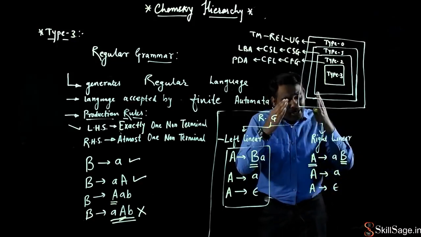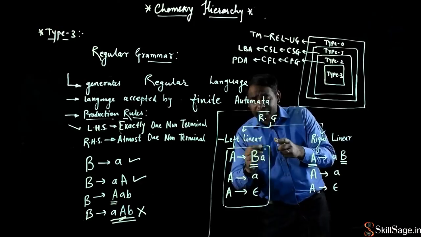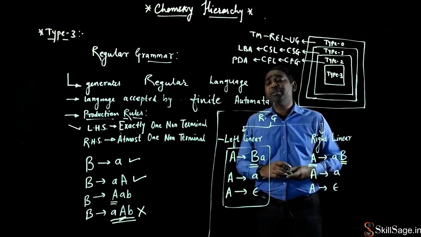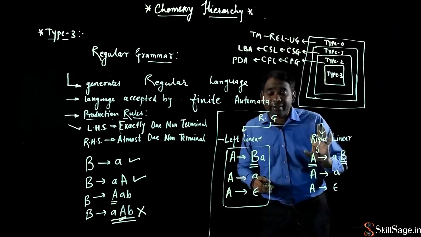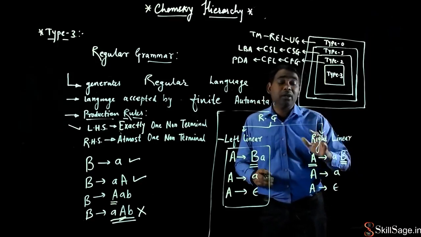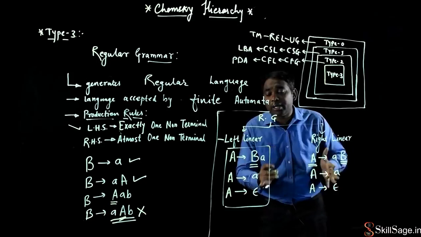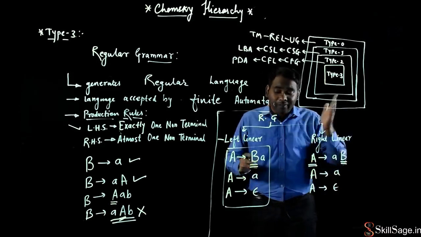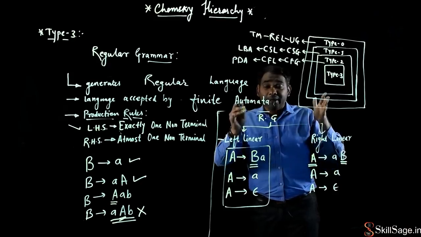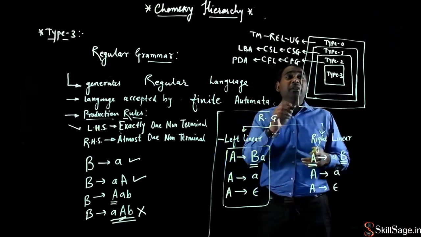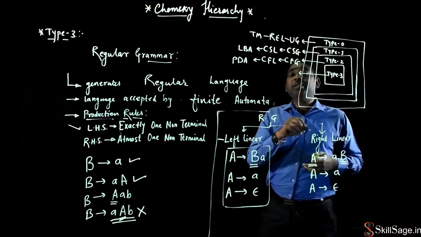After that, any number of terminal symbols can be present on the right hand side, but the position of this B does matter here. The position of a variable or non-terminal symbol can be either the leftmost symbol or the rightmost symbol. So this is my regular grammar. So what we have seen: the type 3 grammar generates what?